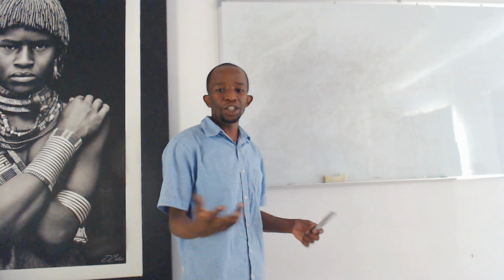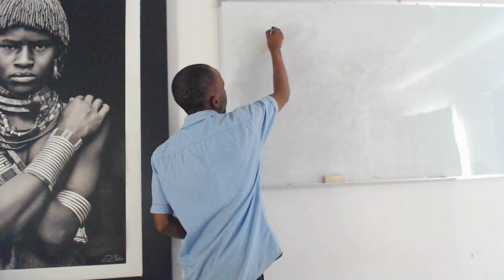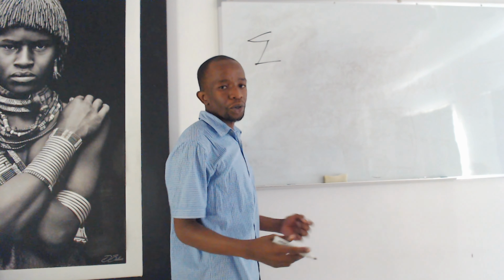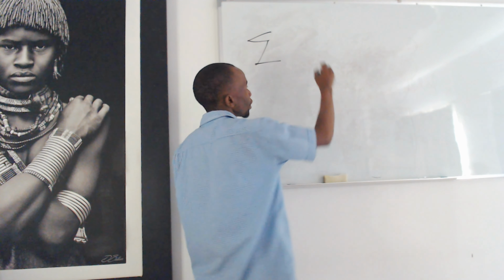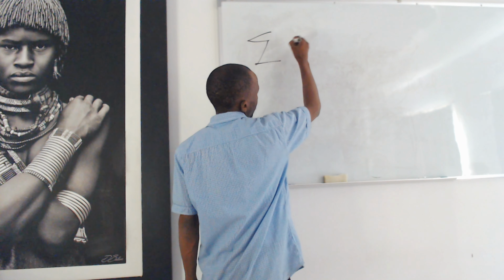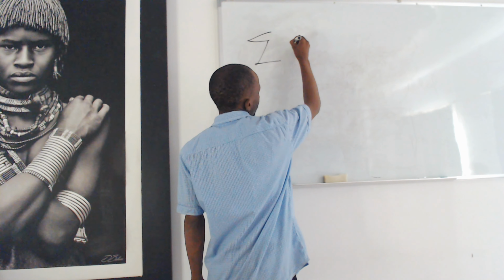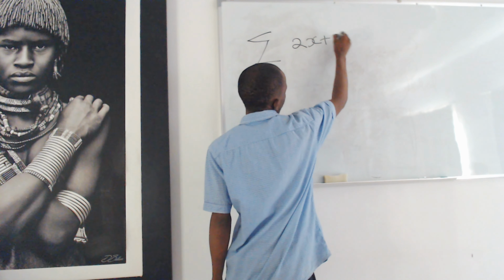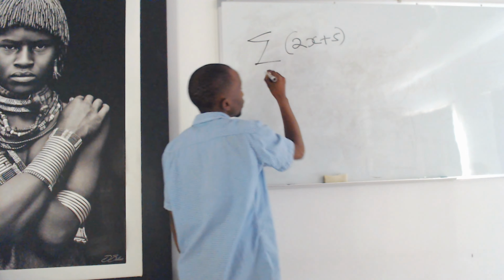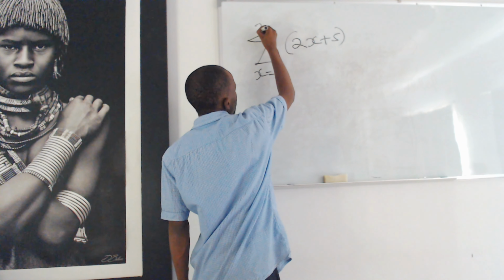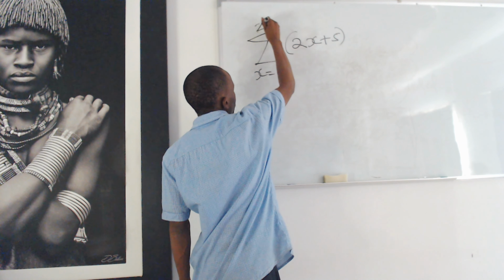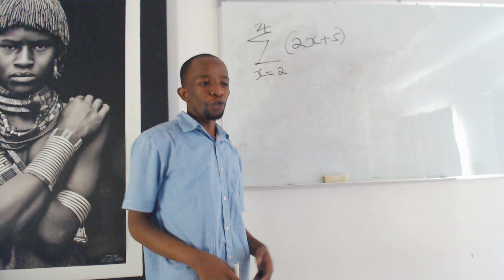And then let us look at another example. Let's say you have been given a certain equation or function, like maybe we have the summation of 2x plus 5, from x equals 2 up until 4.